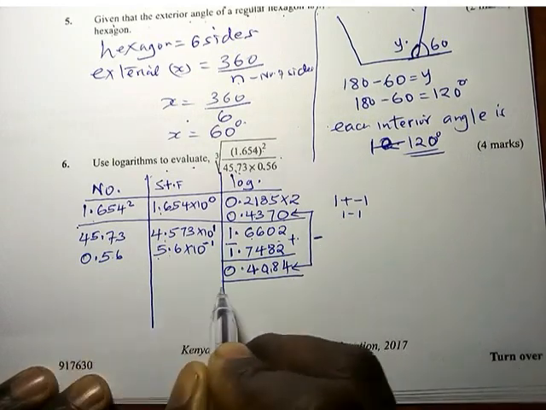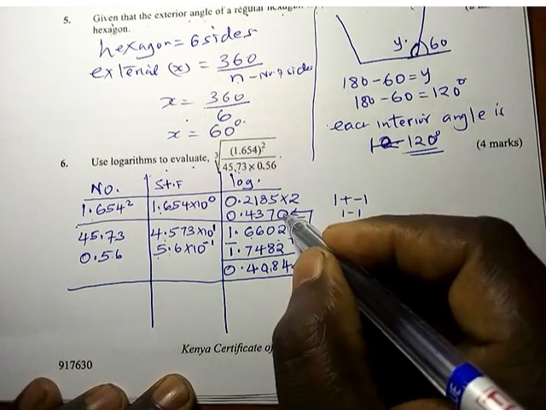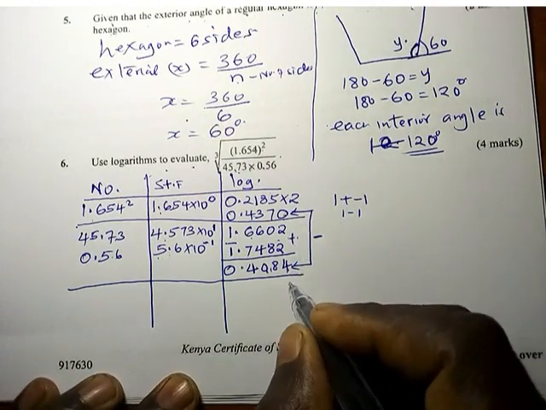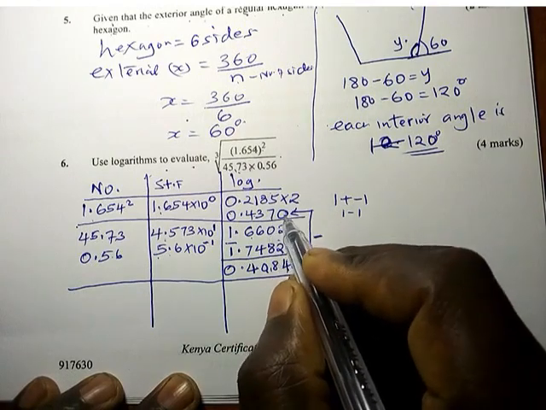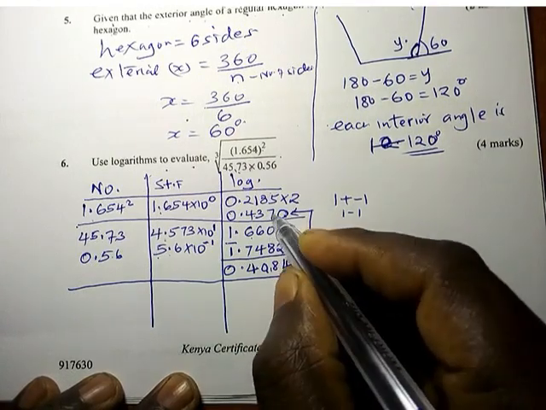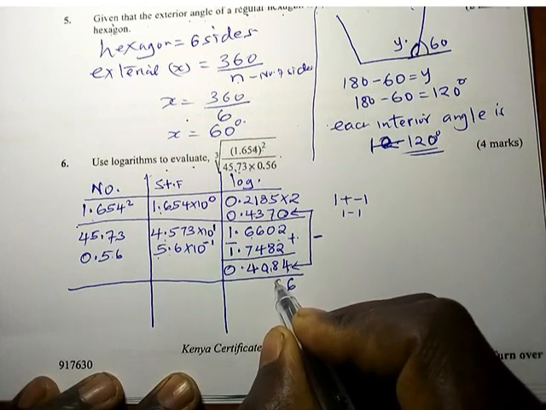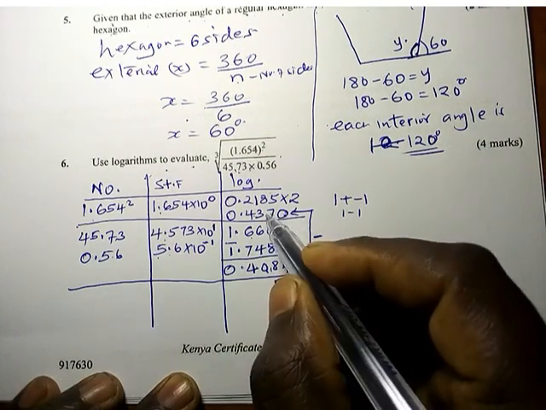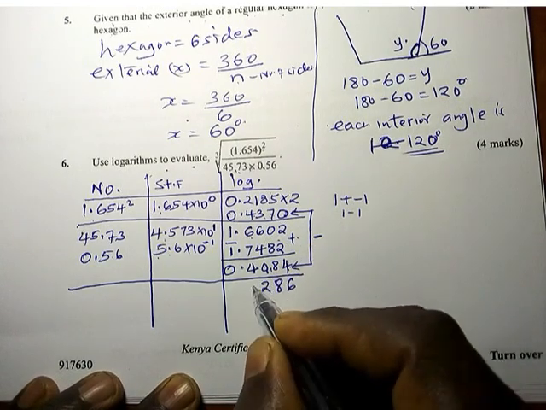So we subtract: 0 minus 4, that is 10. We borrow 1 here, 10 minus 4 is 6. We remained with 6 minus 8, that is 16. We borrow 1, that is going to be 8. Here it is remaining 2 minus 0 is 2, and this one is 0.